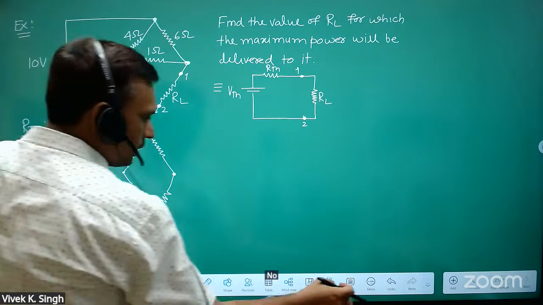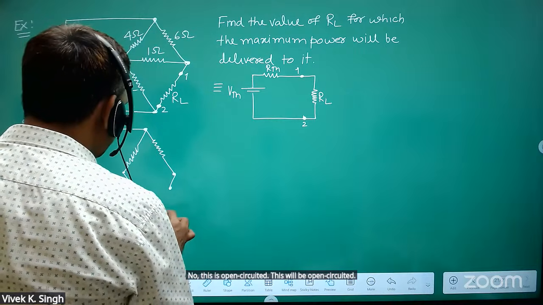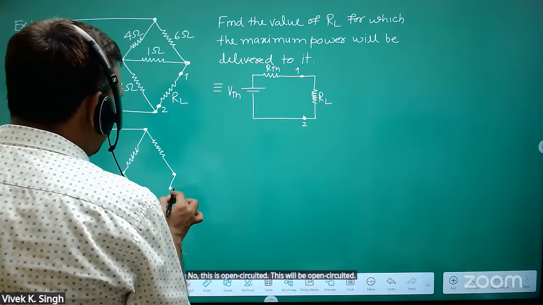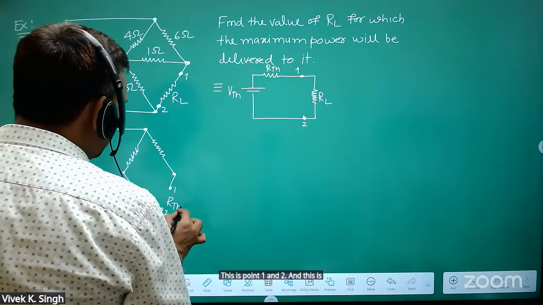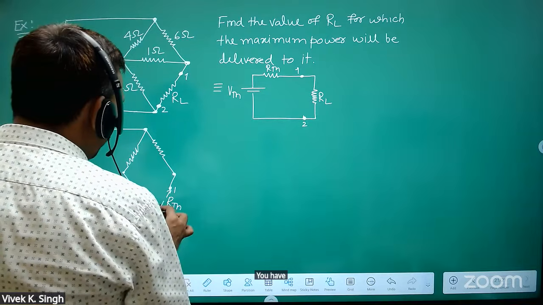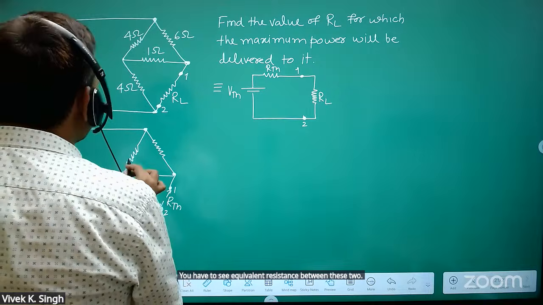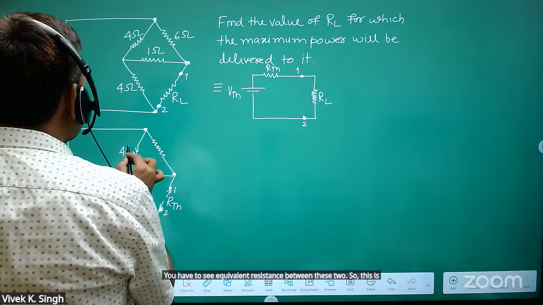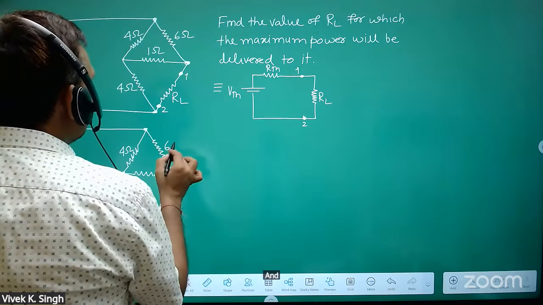This is open circuited. This is 1 and 2, and this is RTH. You have to see the equivalent resistance between these two. So this is 4 ohm and this is 6 ohm.